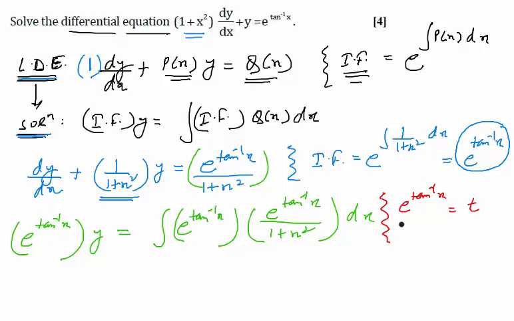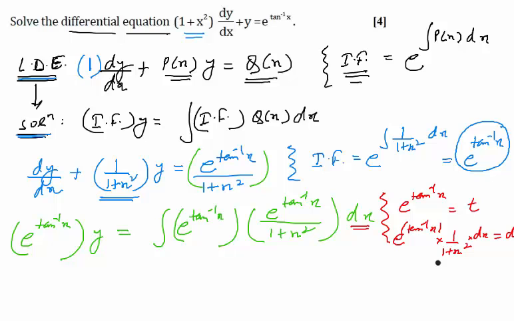If e to the power tan inverse x is equal to t, then to get dx value, I will differentiate this substitution value, right? So that will give me e to the power tan inverse x into 1 upon 1 plus x square, because that is the differential of tan inverse x, into dx, because this is the differential of x, is equal to dt, right?